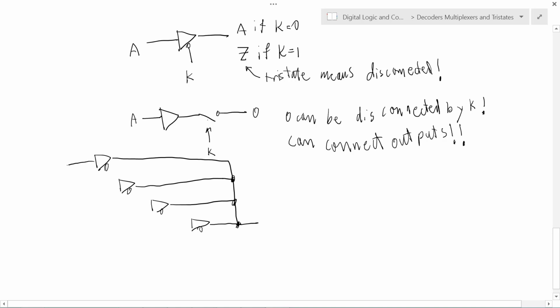And then we connect the inputs to A, B, C, and D respectively.